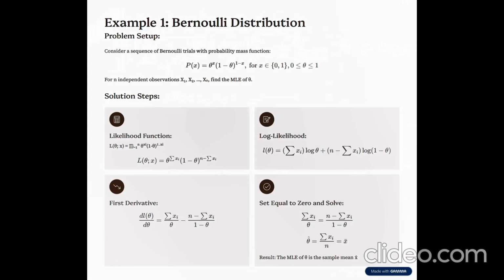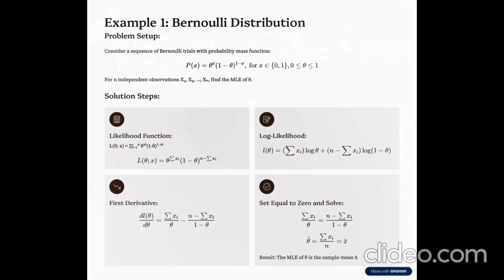Our goal here is to find the best possible estimate for the probability of success, theta, based on our observed data. By walking through the likelihood function and its derivative, we arrive at a very intuitive result. The maximum likelihood estimate is simply the sample mean.